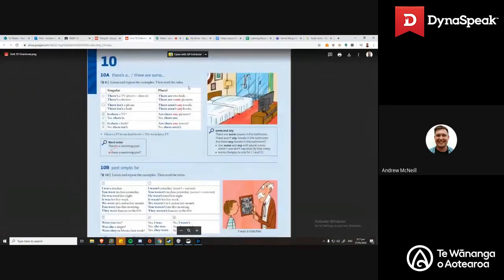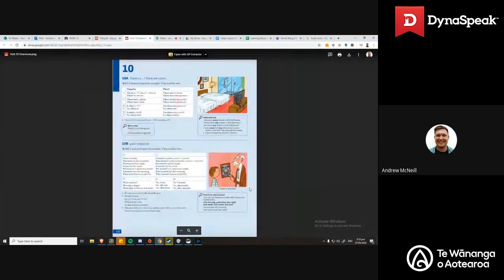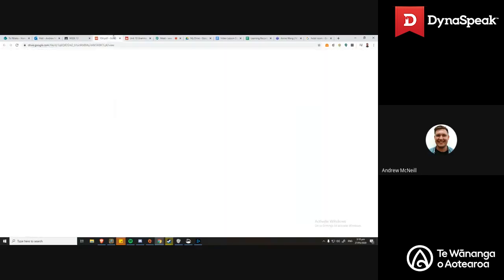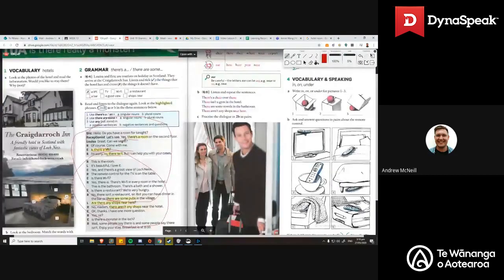Please refer to this information on page 110 to help you with this grammar. So this table is what I have just been explaining. And of course, I want you to look at these exercises to help you with this grammar.